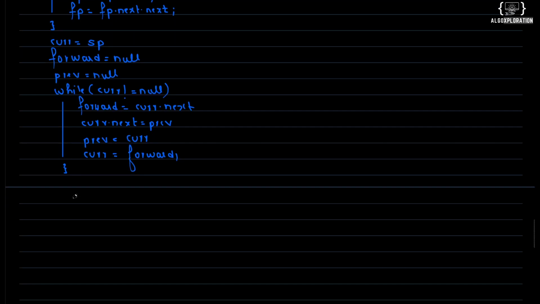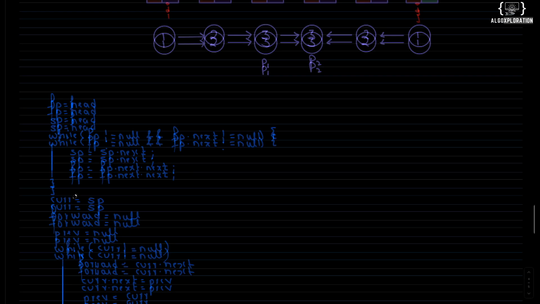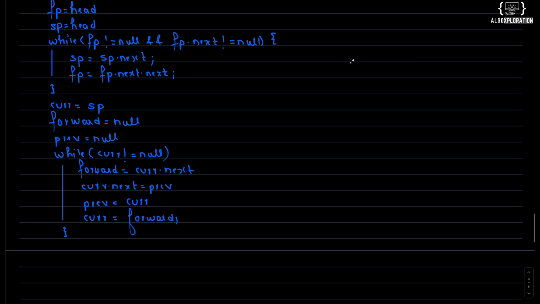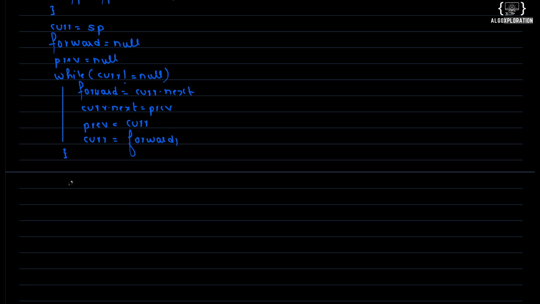Now what will be the head, or the first node, of the reversed half part? That will be stored in the previous variable. So the last node will be previous, and I'm creating a new temporary variable that holds the head.